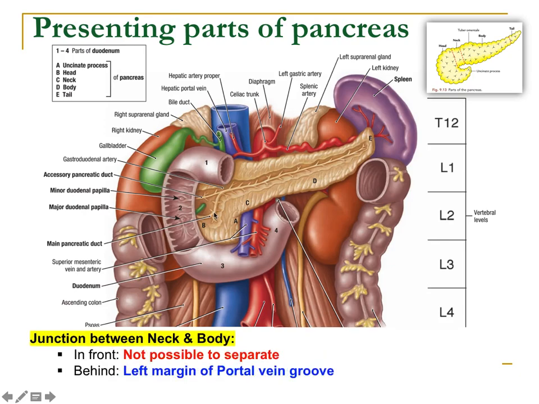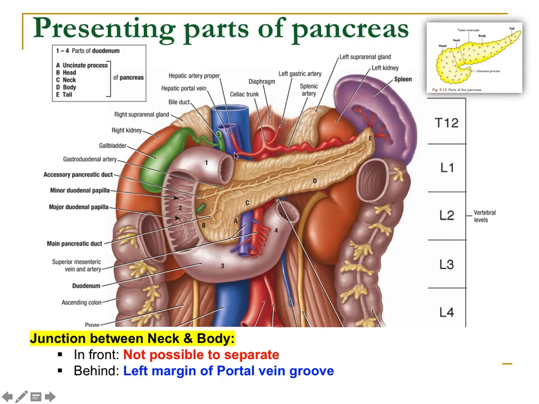Now after that, if you move ahead, the head and neck and the body are demarcated by, again, in front there are no such structures that you can demarcate easily between the neck and body.